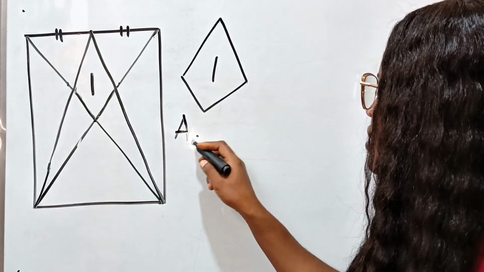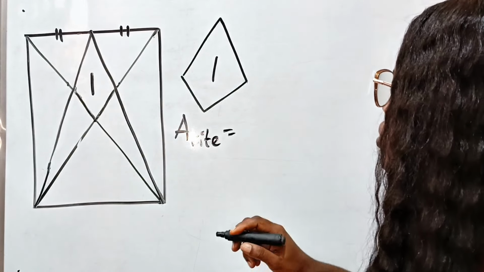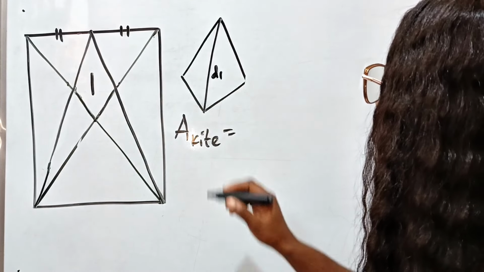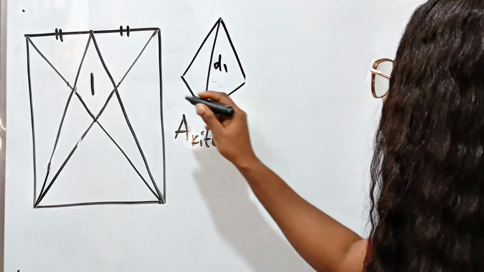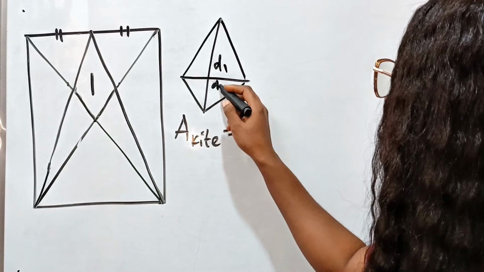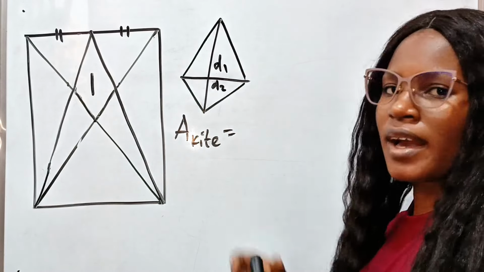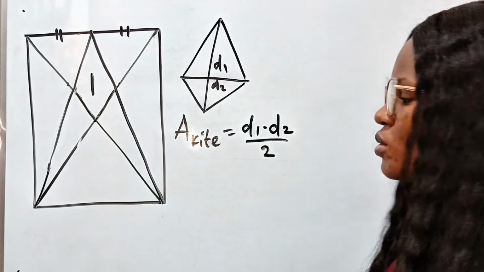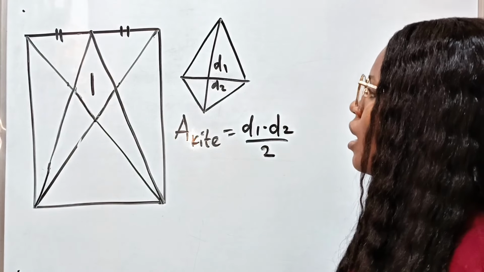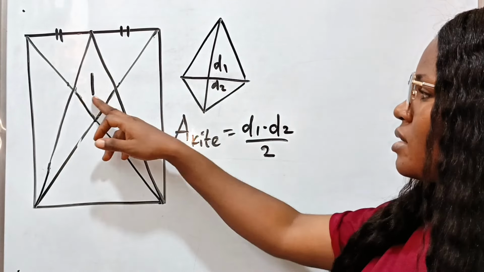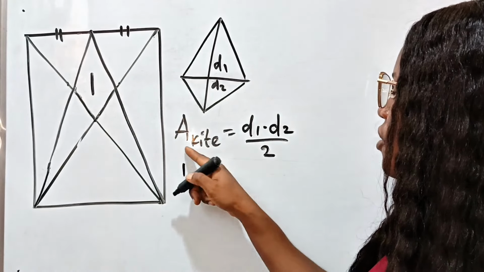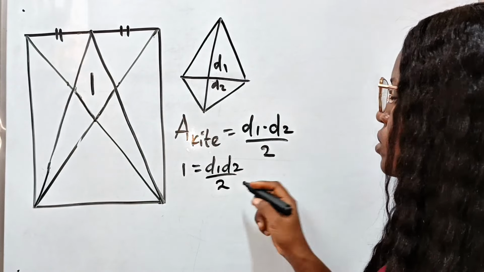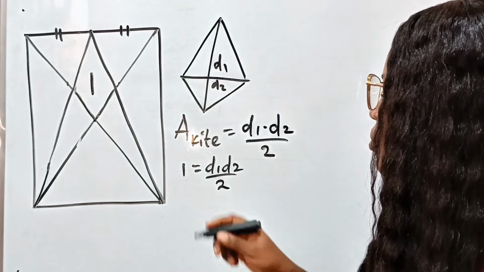Now, the area of the kite will be equal to, let's call the first diagonal D1 and the second diagonal D2. So the area of the kite is D1 multiplied by D2 divided by 2, and we are told that the area is 1, so 1 is equal to D1 multiplied by D2 divided by 2.